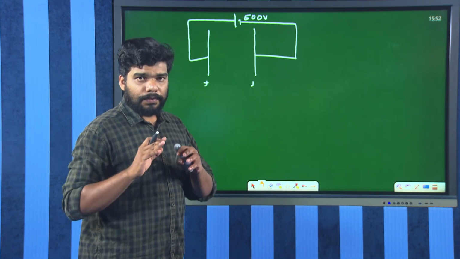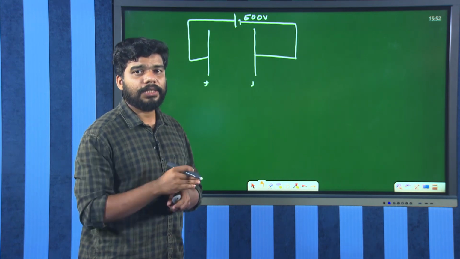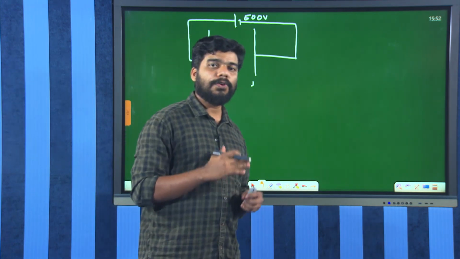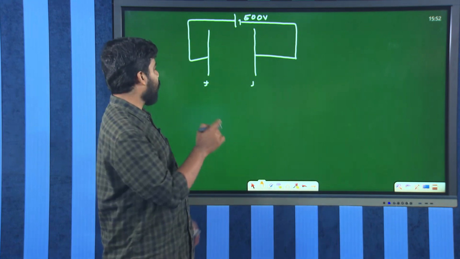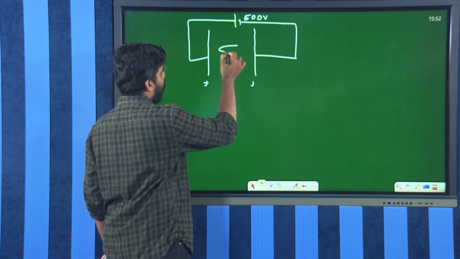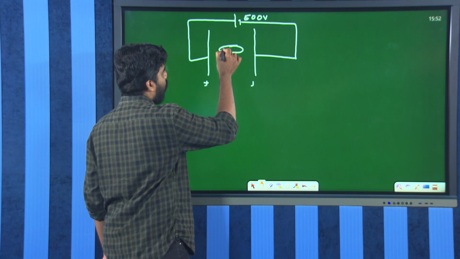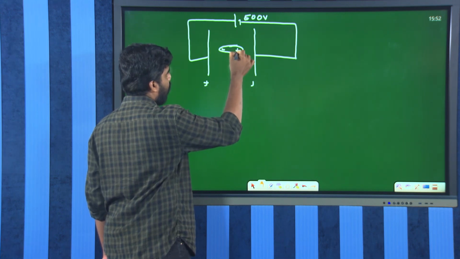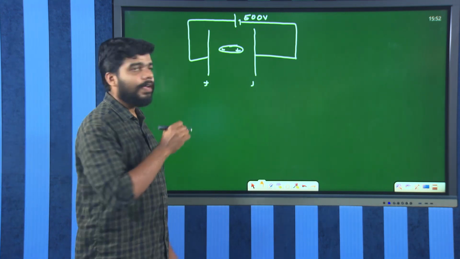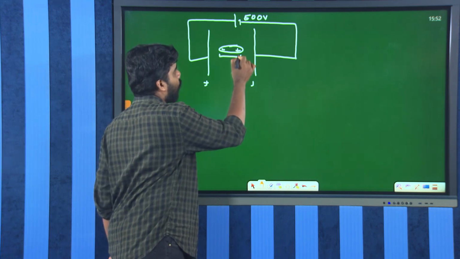So how far will their positive and negative centers be apart due to polarization? You know that if you keep a hydrogen atom there, definitely it will get polarized, the negative side towards the positive plate and plus here.